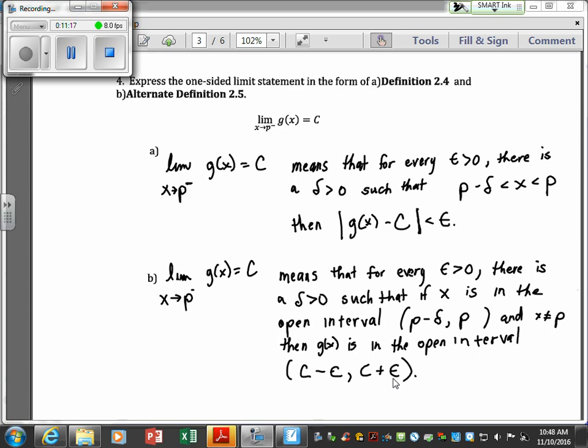One of the things you'll have to practice is formally writing the definition when they give you a new function and a new limit. So write the definition with part A, which is definition 2.4, and also the alternate definition 2.5.